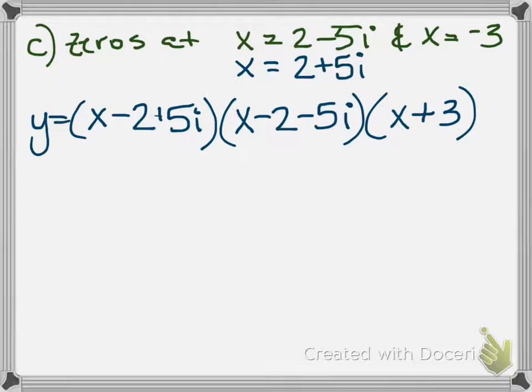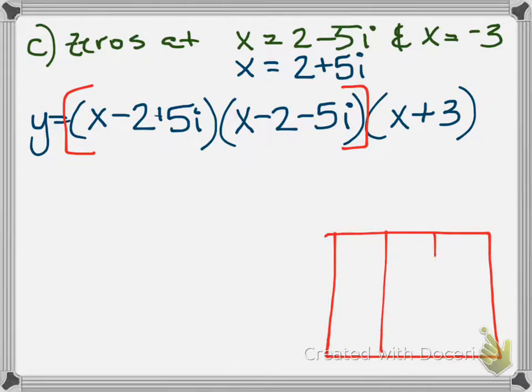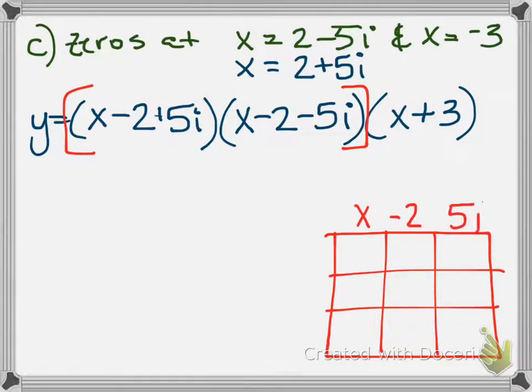Okay, so again, the first two I'm going to do right here, trinomials. I'm going to continue to draw my area model for those trinomials. So x, negative 2, positive 5i, x, negative 2, negative 5i.